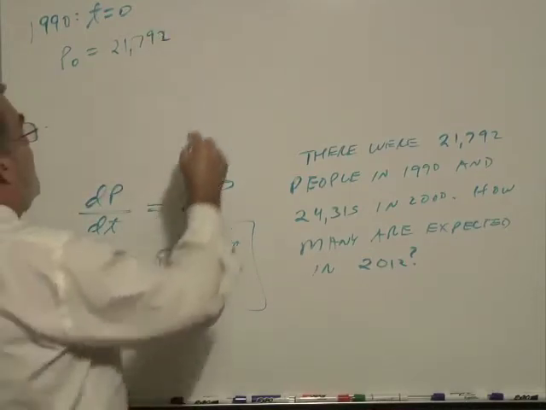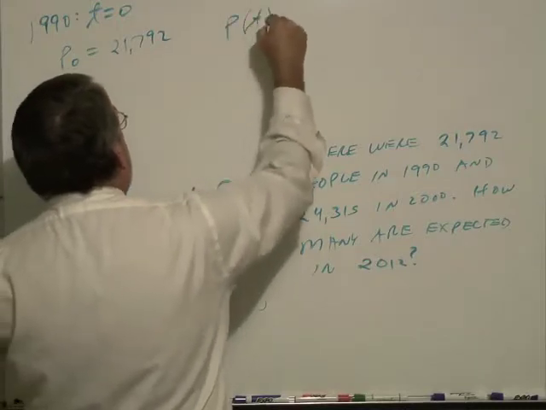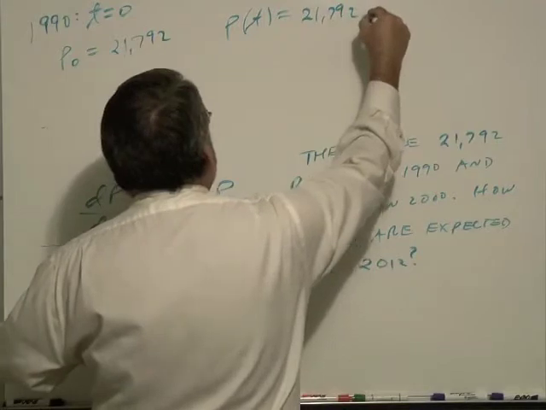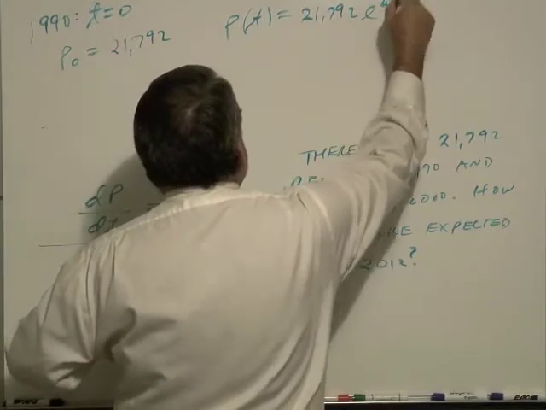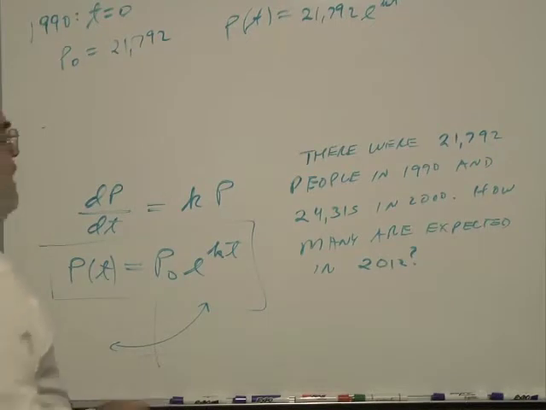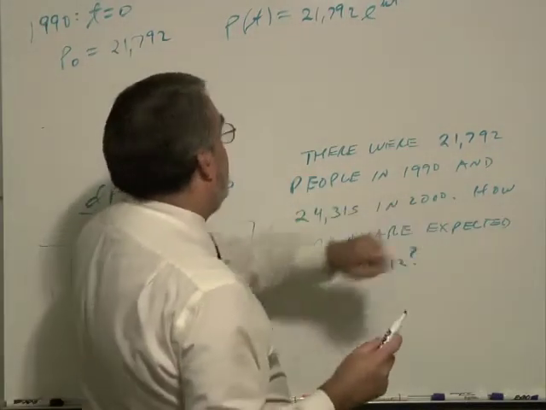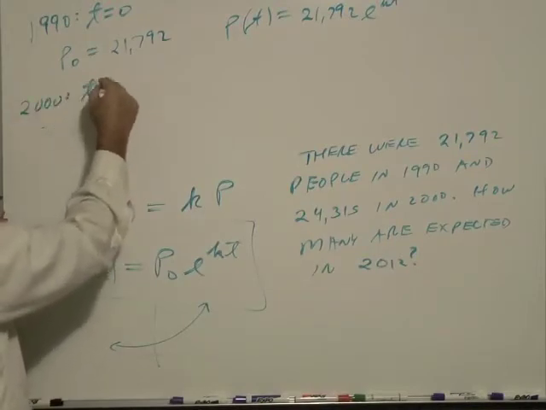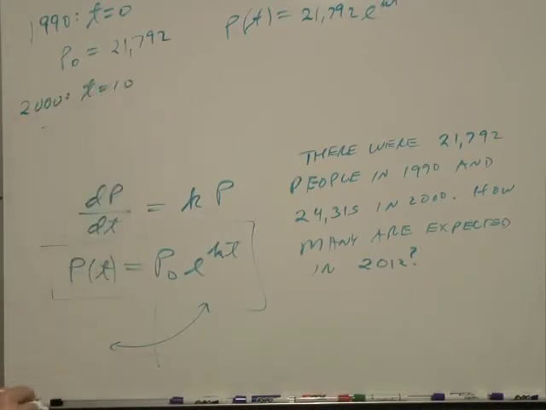That means my population is 21,792 e to the kt. And now to solve for k, I need this information. So year 2000 is what? It's t equal to 10. It's 10 years later.